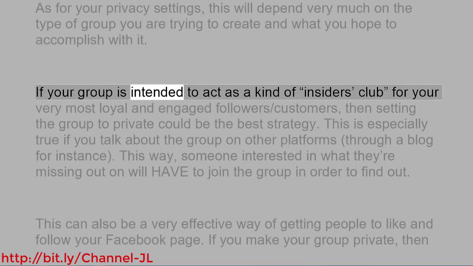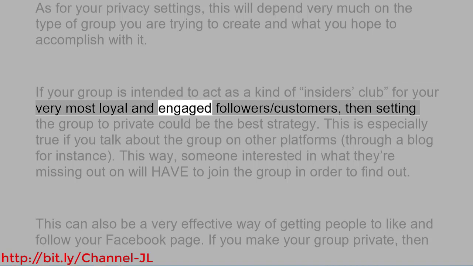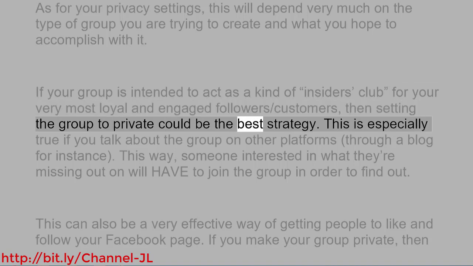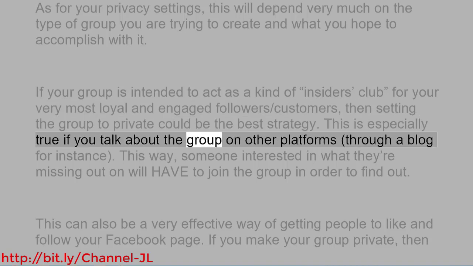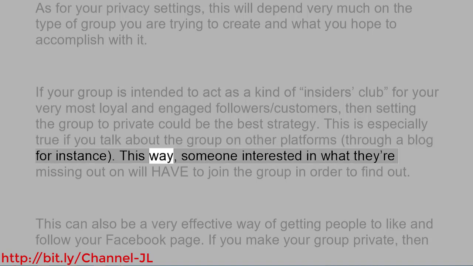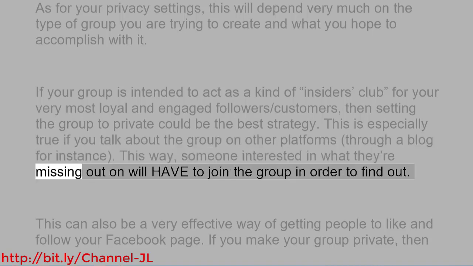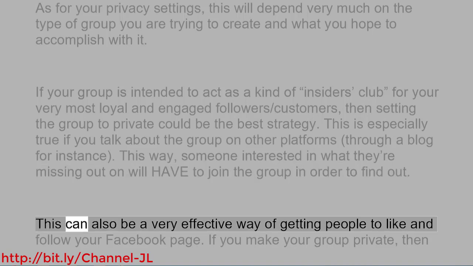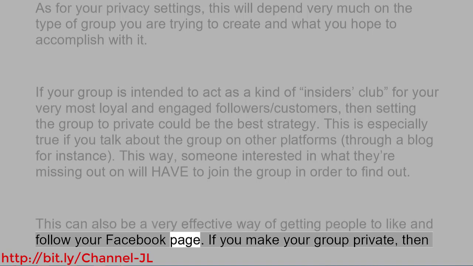If your group is intended to act as a kind of insiders club for your very most loyal and engaged followers/customers, then setting the group to private could be the best strategy. This is especially true if you talk about the group on other platforms, through a blog for instance. This way, someone interested in what they're missing out on will have to join the group in order to find out. This can also be a very effective way of getting people to like and follow your Facebook page.